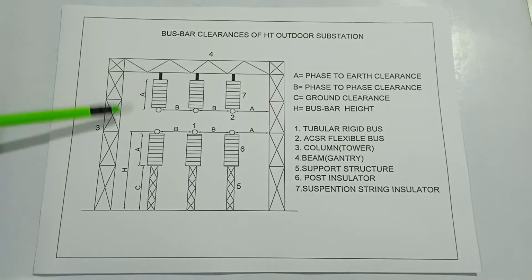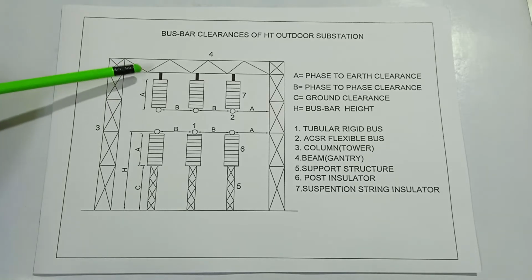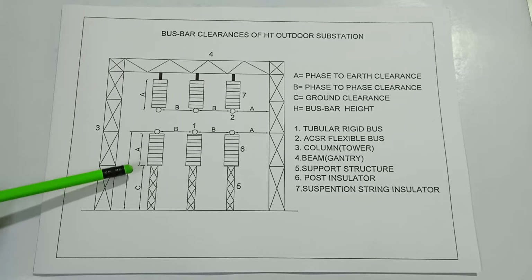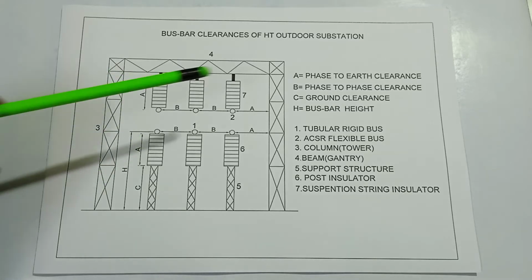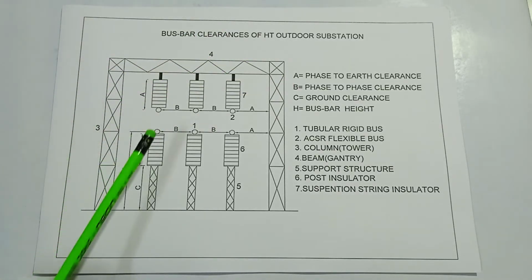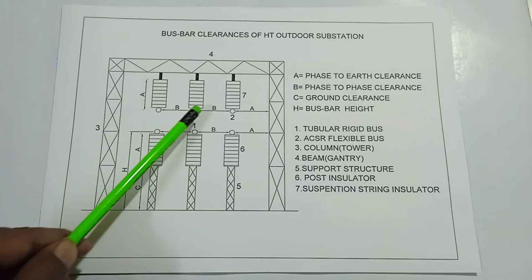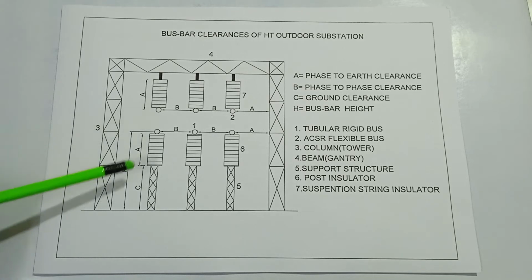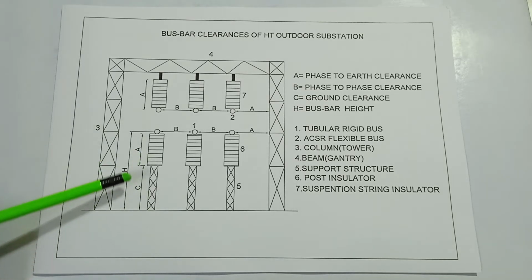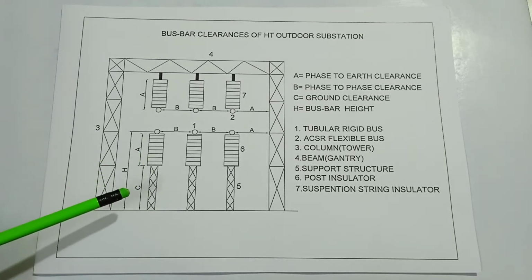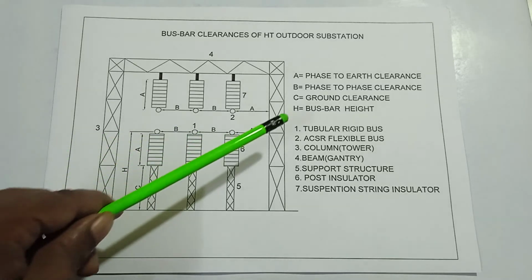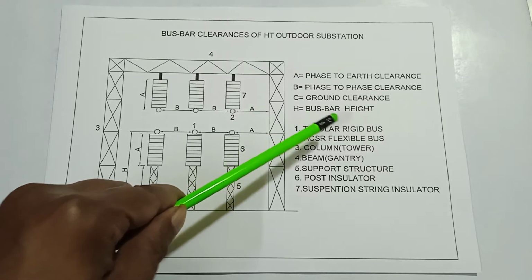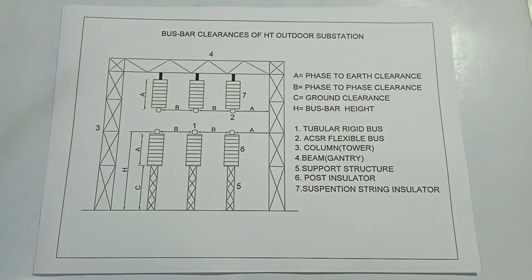A is the phase to earth clearance, and B is the phase to phase clearance. C is the ground clearance. And H is the busbar height.